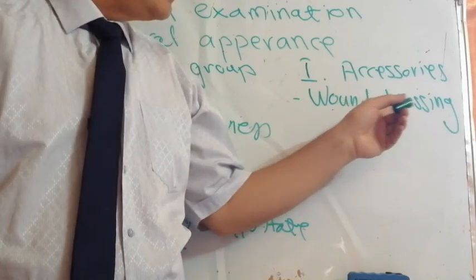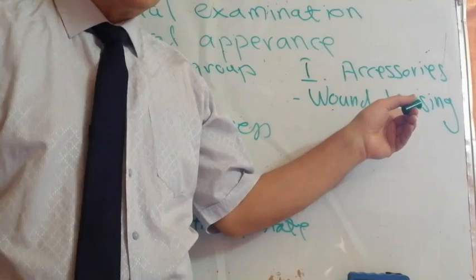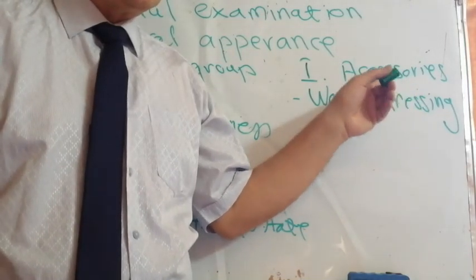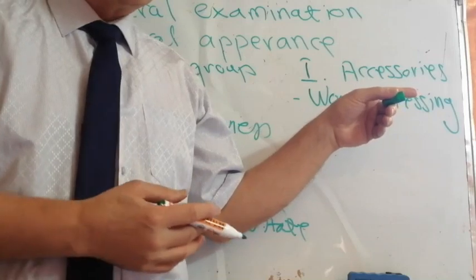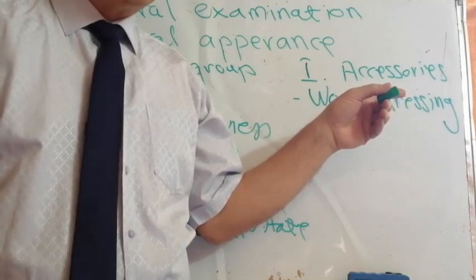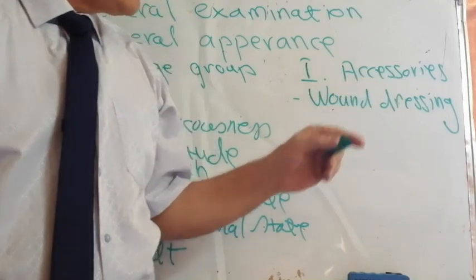The dressing means what type of operation, what type of incision. From the dressing you can know the type of incision. Dressings, for instance in the lower abdomen, could be related to cesarean section, for example.